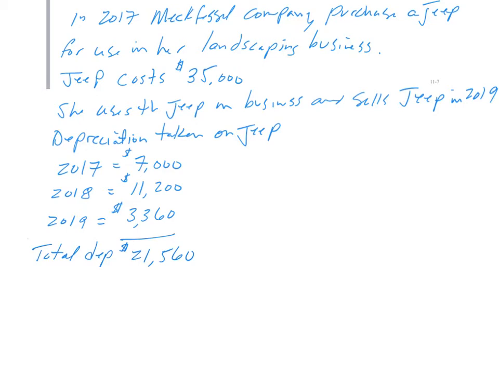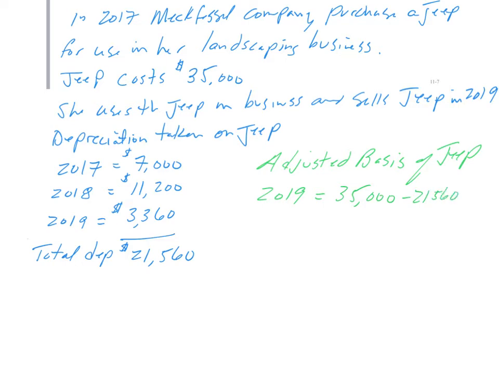So in 2019, I'm going to switch the colors here. Adjusted basis of Jeep 2019 is going to be equal to our original price minus our depreciation taken, which is going to be equal to $13,440.